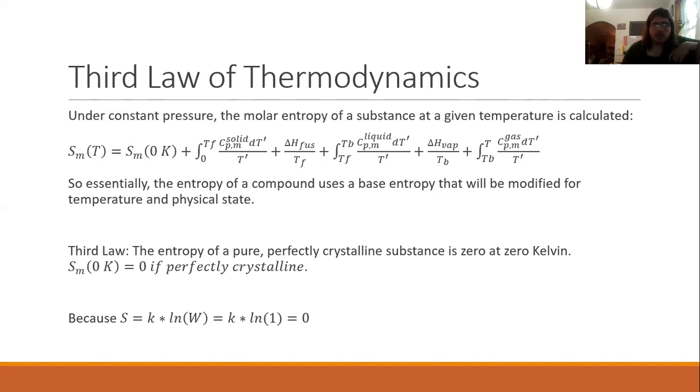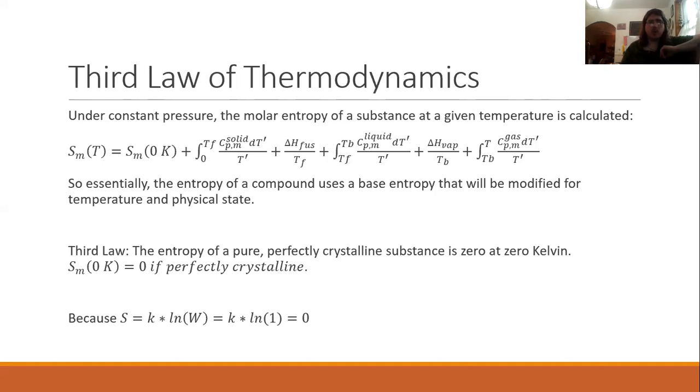physical states. Truly, our third law states that if the entropy of a pure crystalline solid is held at 0 degrees Kelvin, the entropy is 0 if it is perfectly crystalline. What this means is, remember, entropy can be calculated by Boltzmann's constant times natural log of W, which is our quantum state.